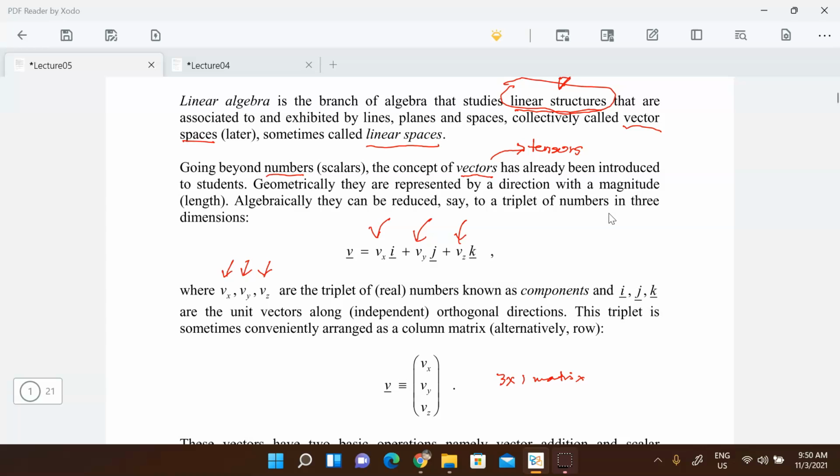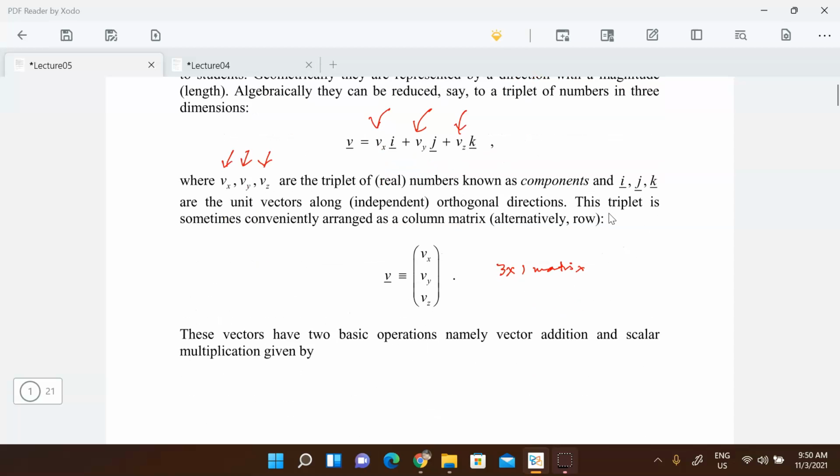And the other thing that we also learn when we do vectors is that there are two basic operations. One is called vector addition. You take two vectors and you can add them together. In terms of components it will be easier, but let me just write this in this way.